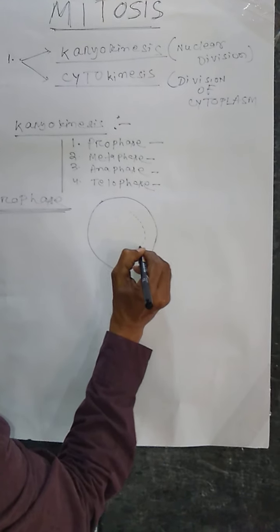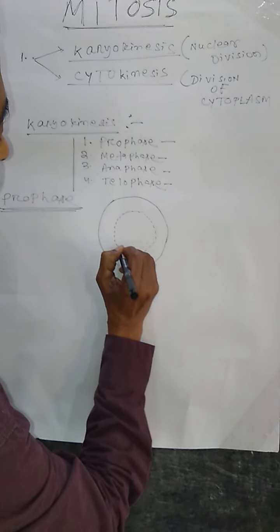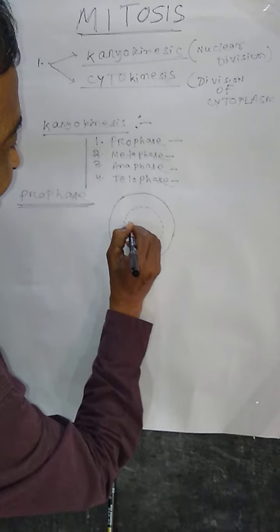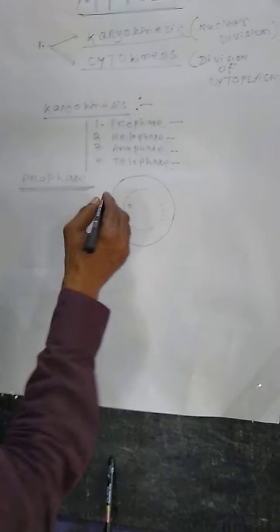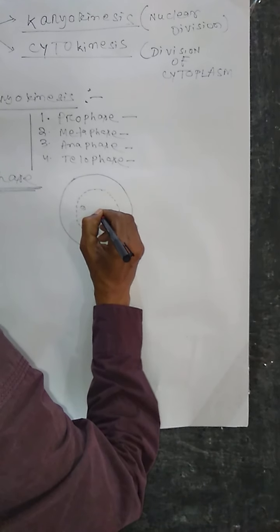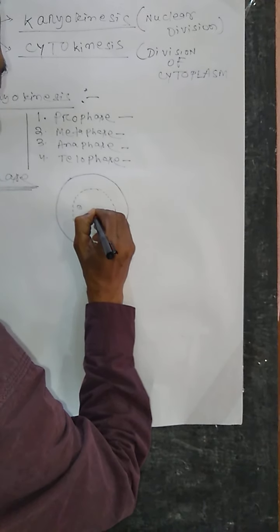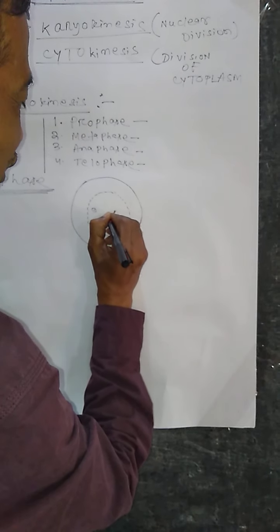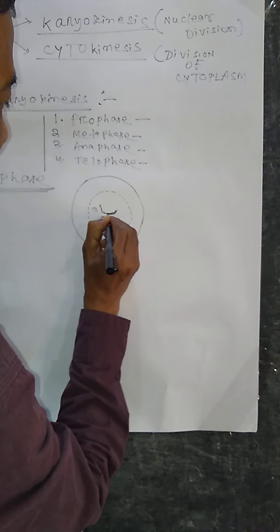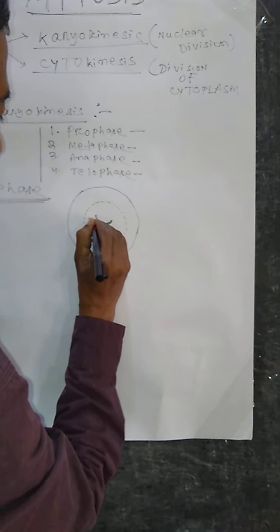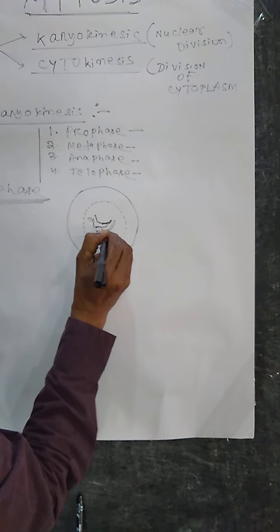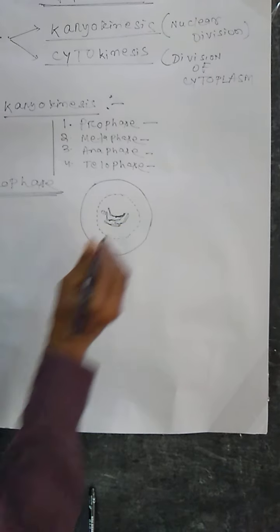First, the nuclear membrane and the nucleolus disappear. Then the chromatin material becomes condensed, losing water, becoming shortened and thickened. Coiling occurs and the chromatin materials become distinct.